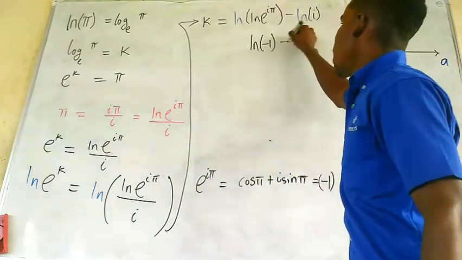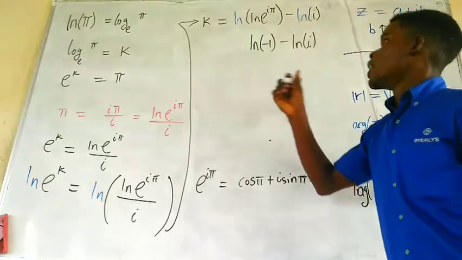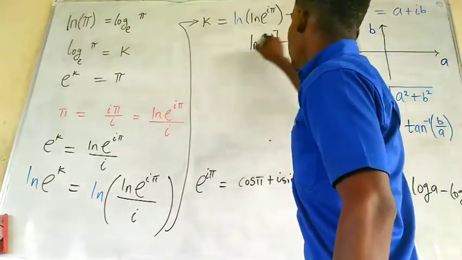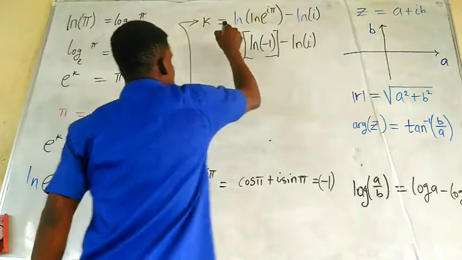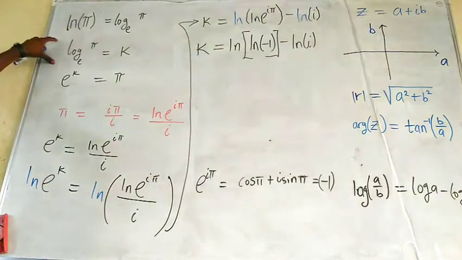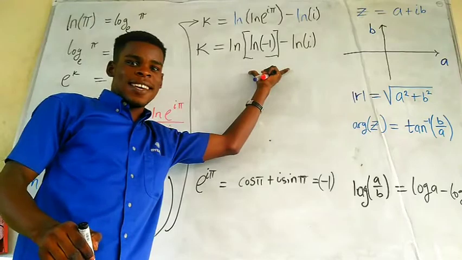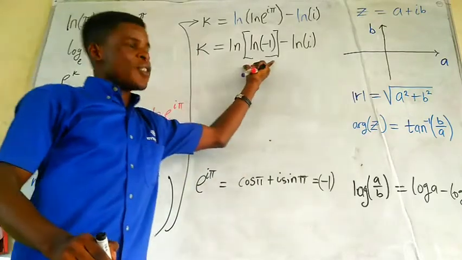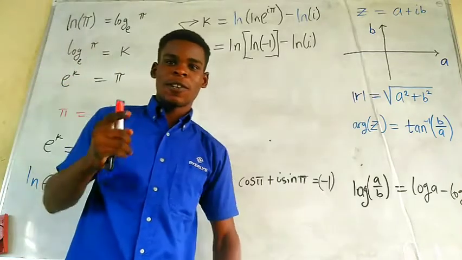Here we have minus ln i, and I will not forget that there was an ln outside right here looking at us, and this is equal to k. Like I said earlier, k is the solution to our question. If you want to reduce this further, ln of -1 does not belong to the set of real numbers.